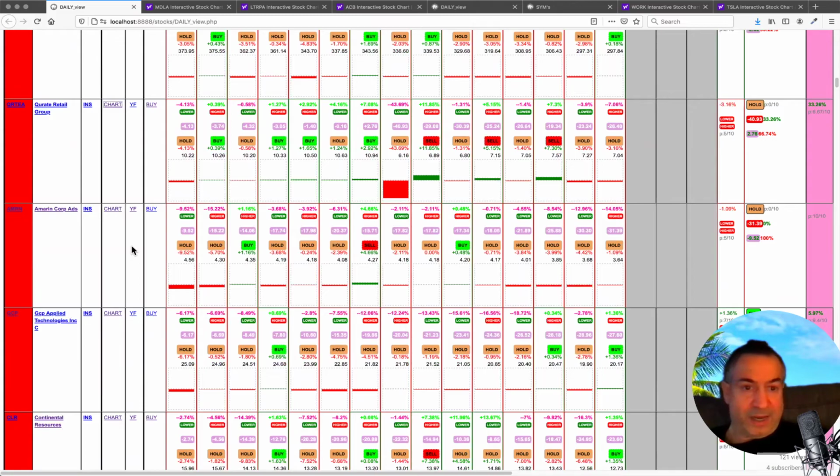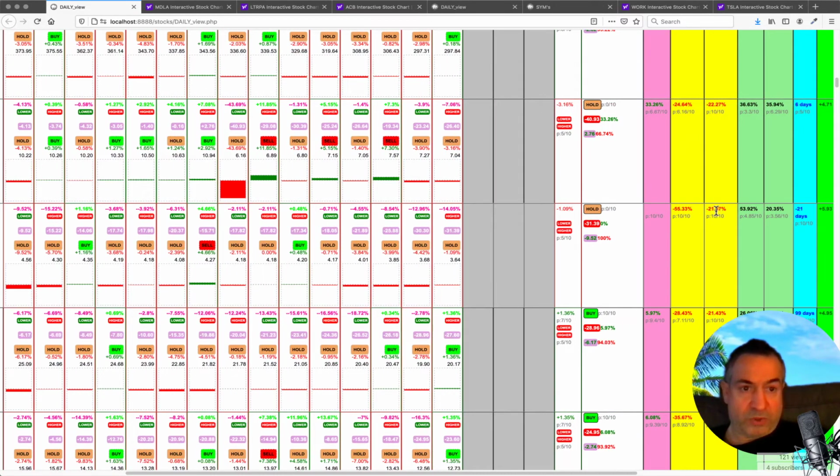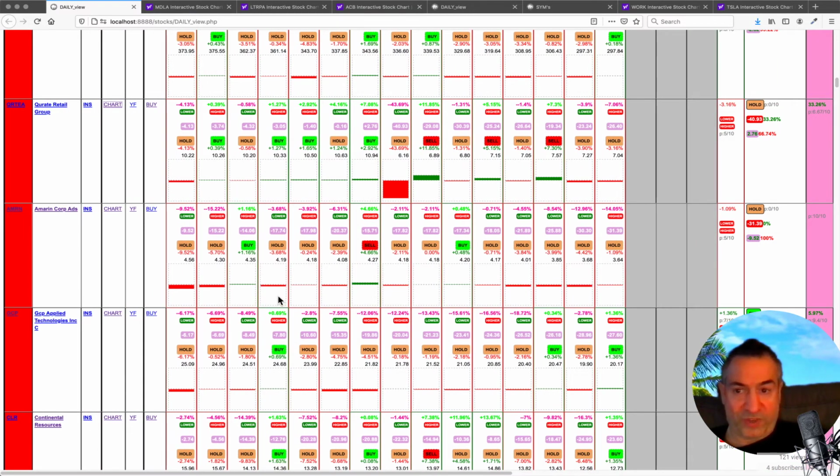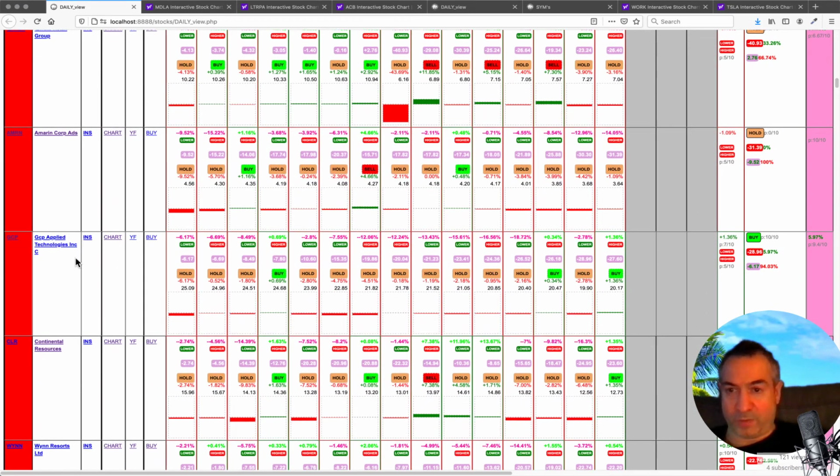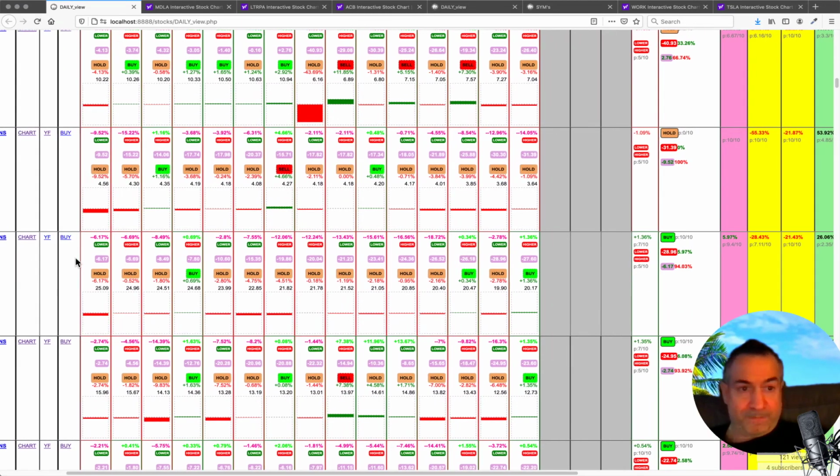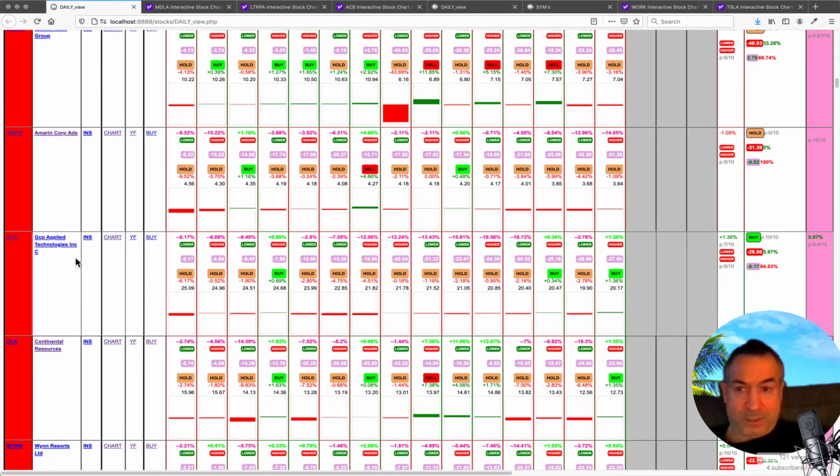Amarin, I know it's been in a downtrend for so long. I'm surprised it's only down 21%, but in 42-day cumulative, it's 55% down, which I wouldn't even buy anymore. This one, I don't even know. GCP Applied Technologies, it says buy.